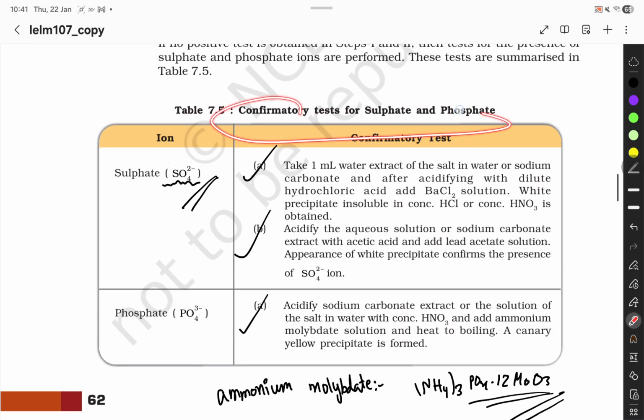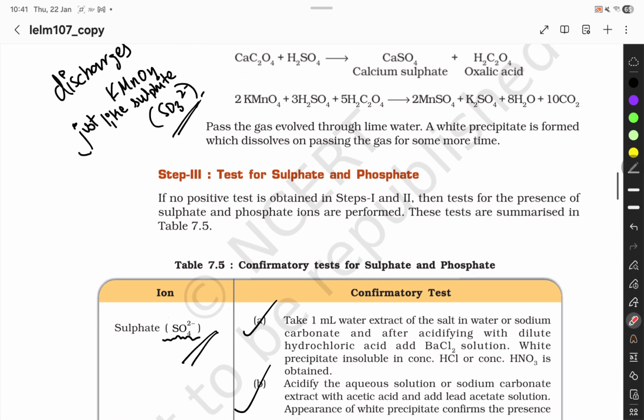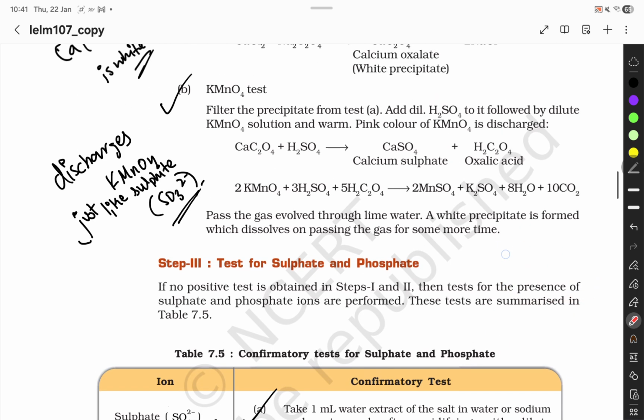Then finally the last group, sulfate and phosphate. So first we did dilute H2SO4, then conc H2SO4, and conducted certain tests.